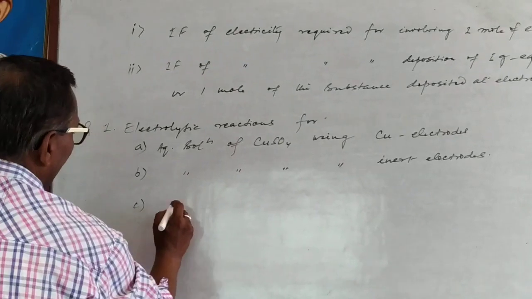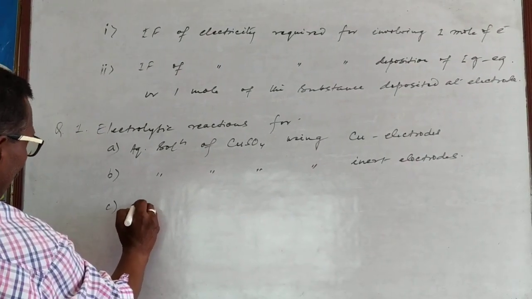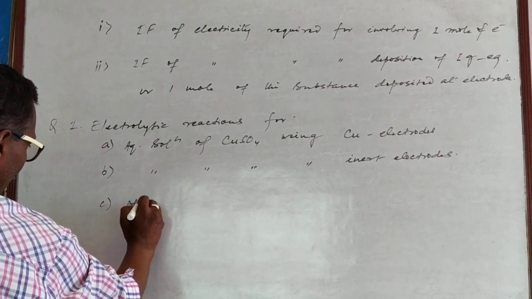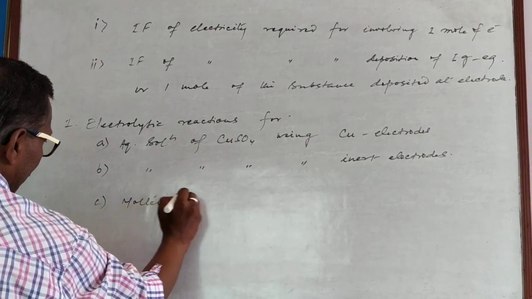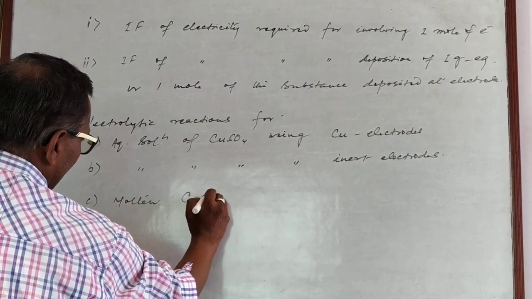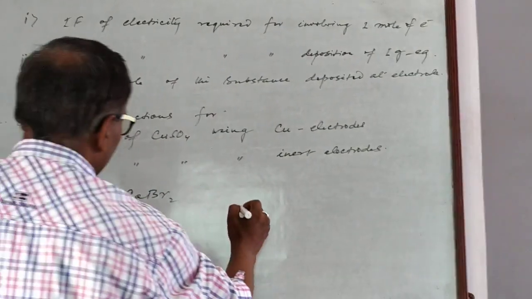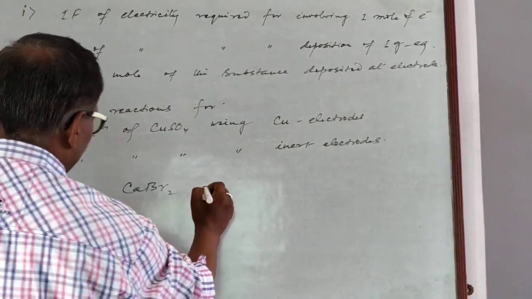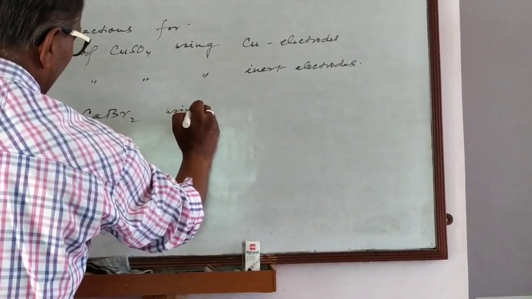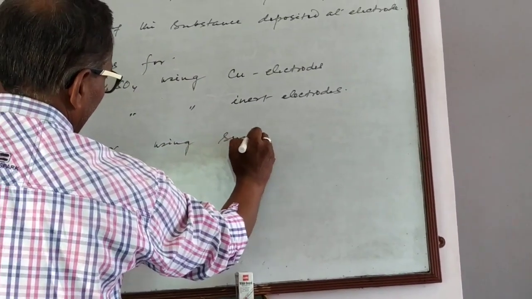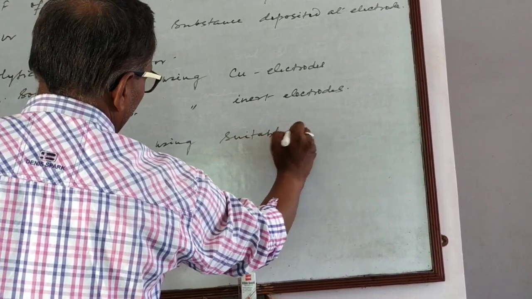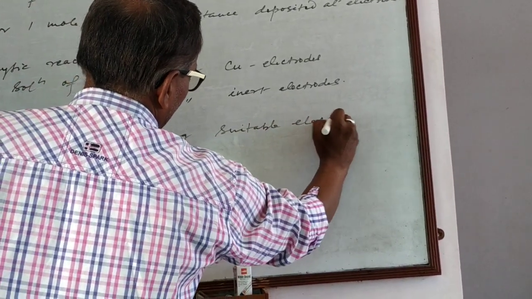C. Electrolysis of molten calcium bromide, CaBr2, using suitable electrodes.